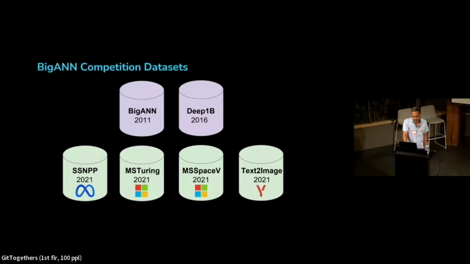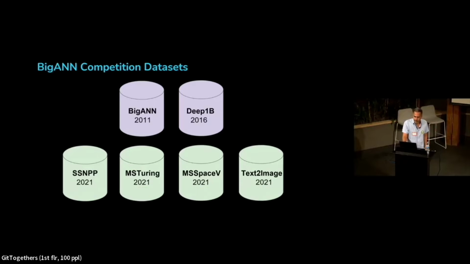And I think that was really good because a lot of the work before 2019, 2020, a lot of the work around pushing the state of the art in vector search was being done in academia. And now the hyperscalers and industry were starting to take up a lot of this work around benchmarking and evaluating.